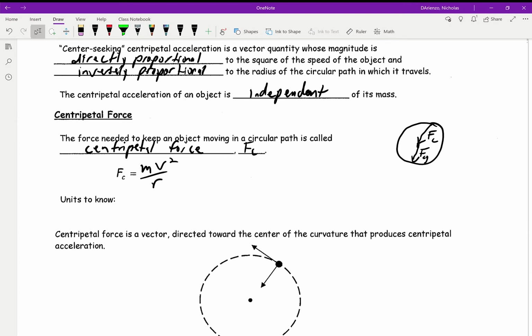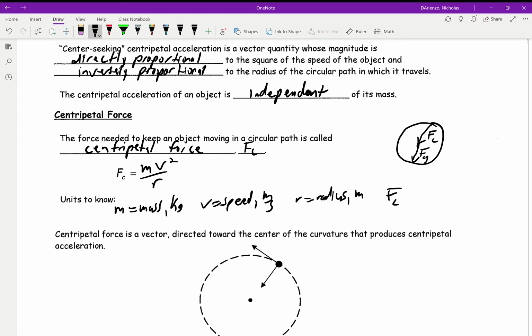The units for this are really nothing new. m is our mass in kilograms. v is our speed in meters per second. r is the radius of the circle that we're traveling on, and that's in meters, just like a distance would be.